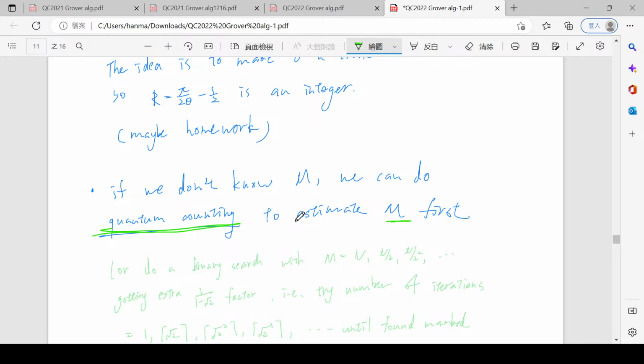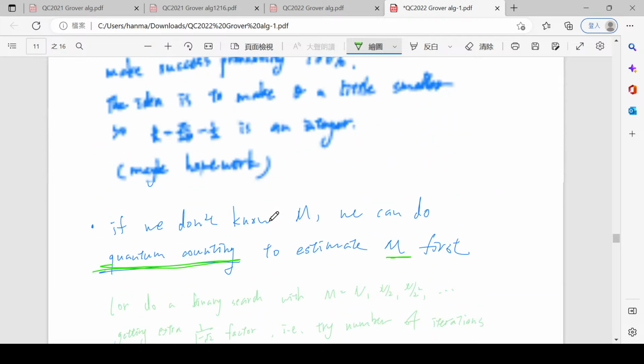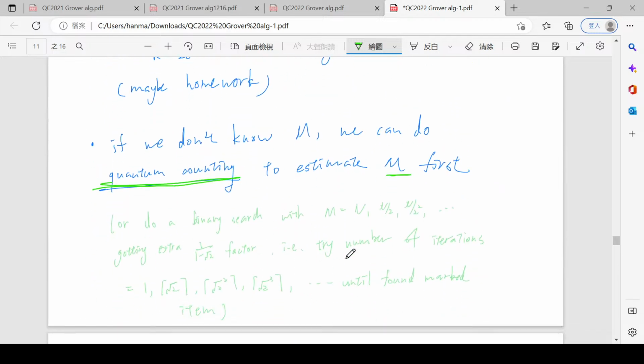An easier way to do this, but we are still going to cover quantum counting later today because it's something quite useful by itself. The easier way to do this is you can do a binary search, not quite binary, but kind of binary search on m.